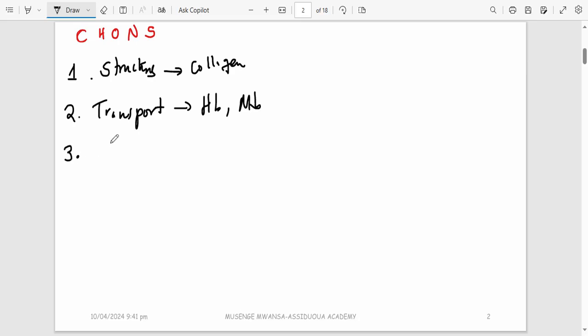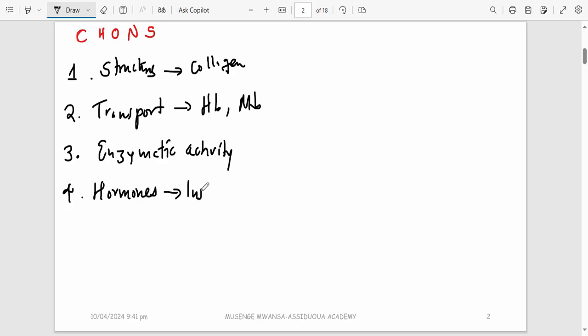Another function is that proteins can be used as enzymes, so enzymatic activity. Examples we can mention are maltase and sucrase. And then proteins can also be used as hormones, for example the hormone insulin.